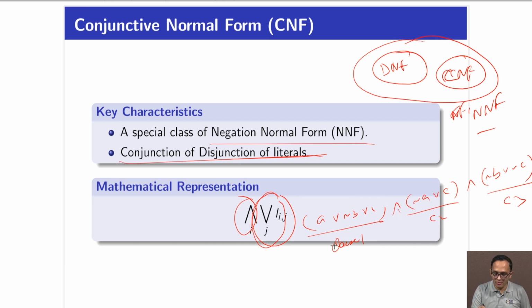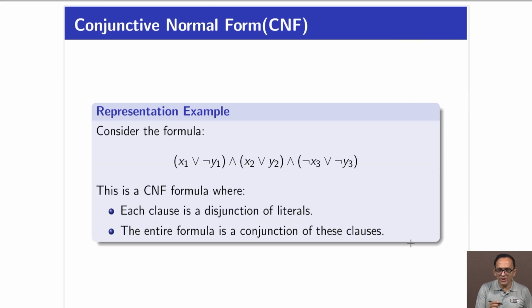In DNF what we have? We used to have and inside clauses, and or is the connection between clauses. Okay. So, understanding CNF is okay. To give an example again, this is in CNF because you have disjunction of literals, disjunction of literals, disjunction of literals and they are connected by conjunction, right.